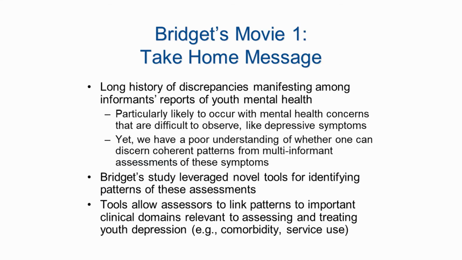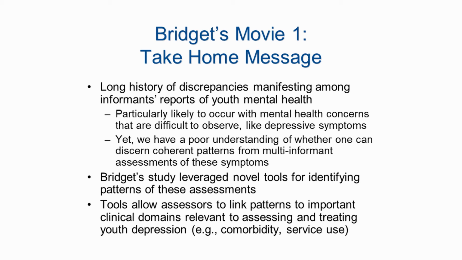In that take-home message, you remember to go back to my burning question: why do people see the same things in different ways? So we didn't know a ton of the answer to that question for depression. When you assess depression in children and adolescents, parents and kids often have very different responses, right? Very different responses about the kid's depression. Parents see one thing about the kid's depression, kid sees another thing about their depression.